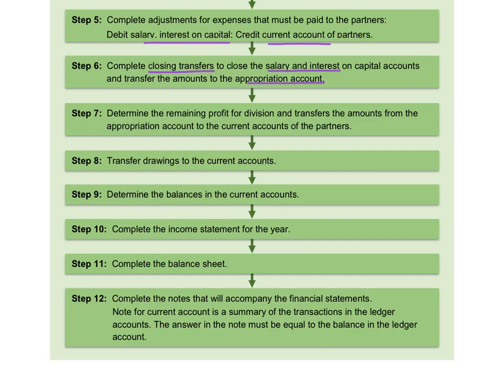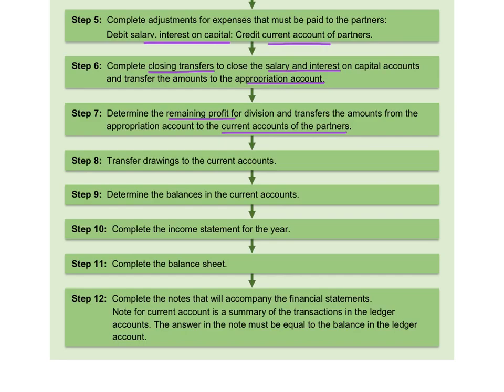We only have 110,000 left over, and that's what we do in step 7. We determine what is that remaining profit. So the net profit less the amount paid for salaries and interest to the partners. And we then transfer these amounts to the current account. So we first of all determine what is the total profit that's left over.